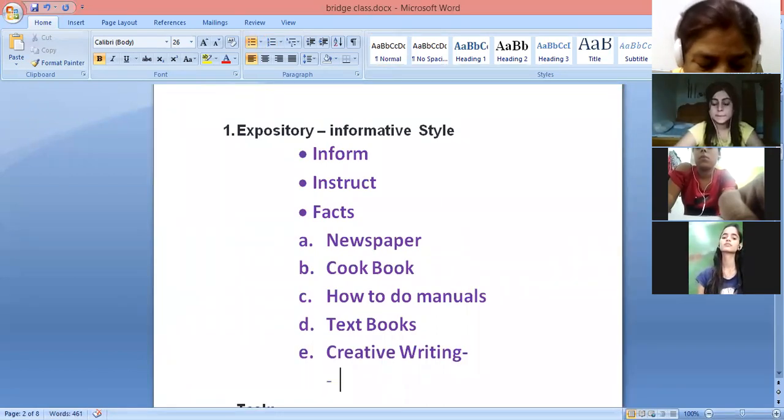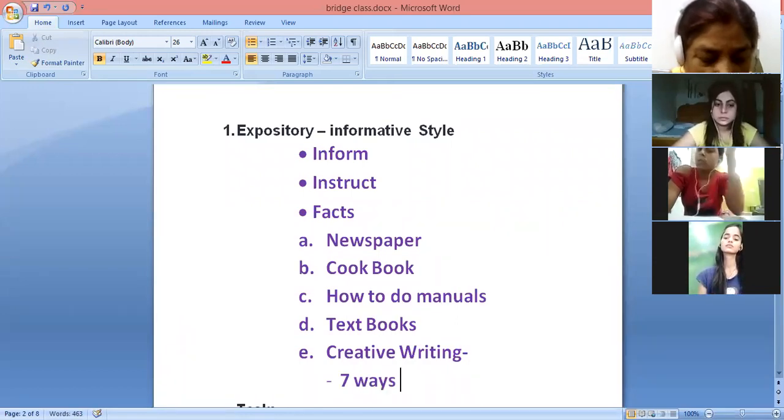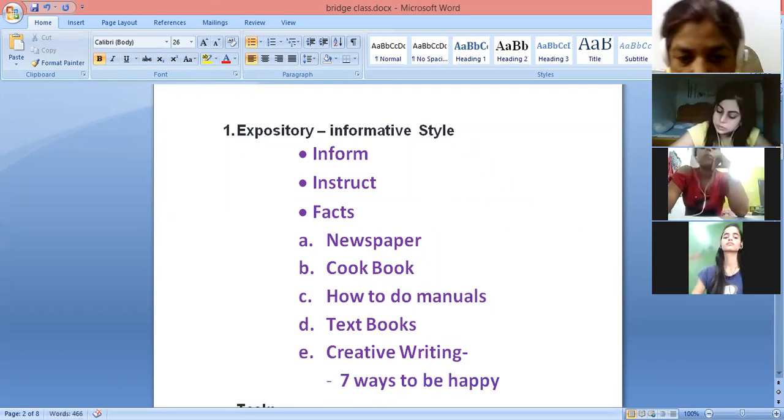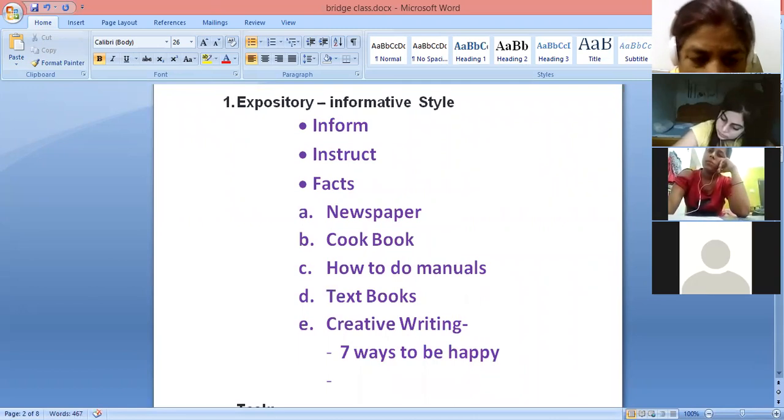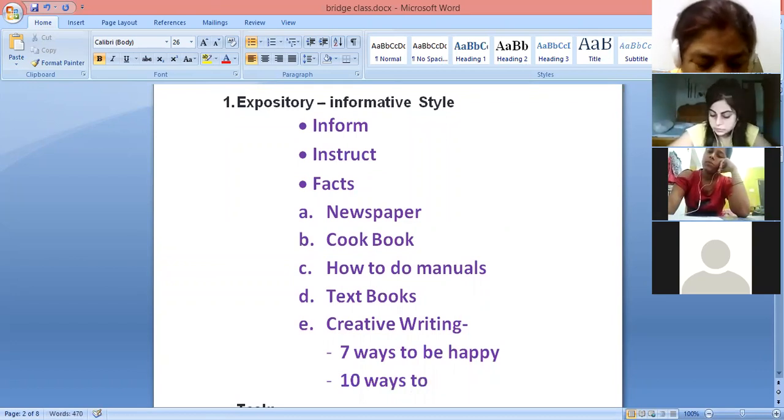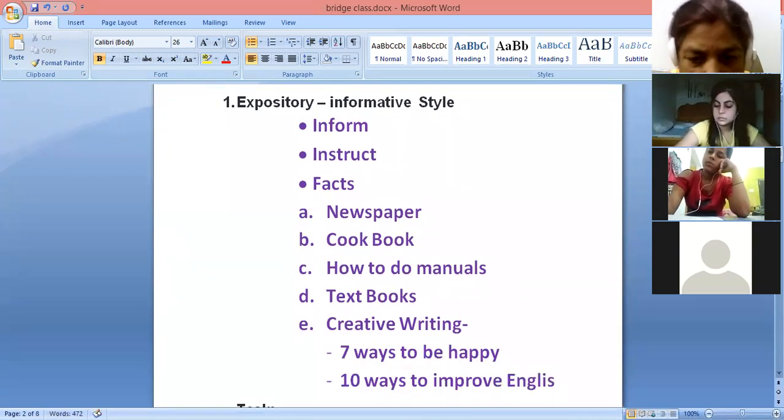For example, 7 ways to be happy. 10 ways to improve English.